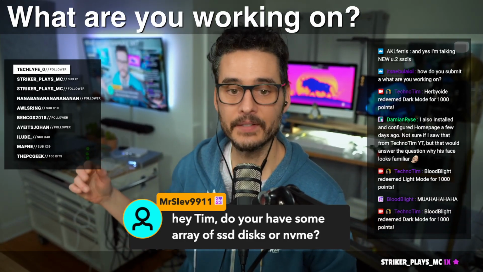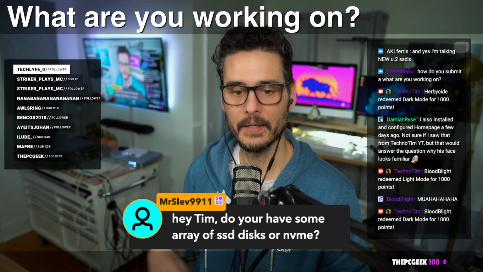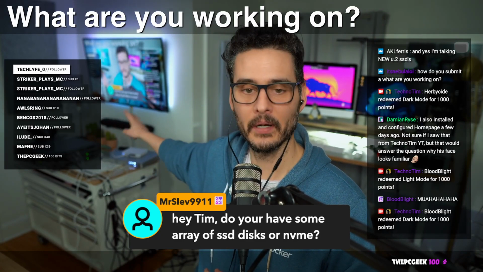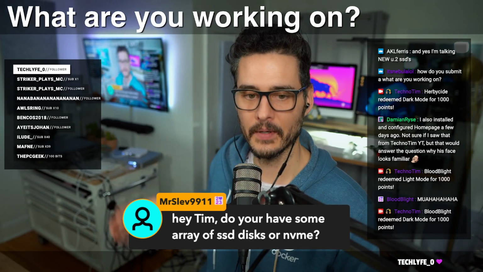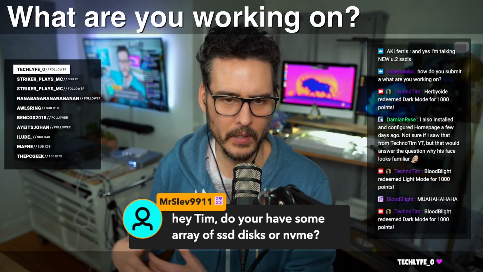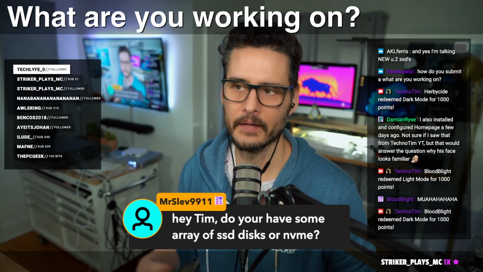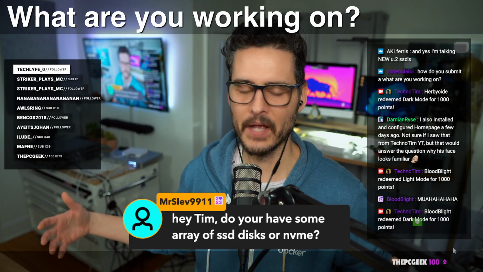And then I have lots of SSD arrays too, so SSD disks, not NVMe. Back there I have 2 mirrored pairs, so 4 in each one of those servers. But am I using it for cold storage, bulk storage, anything like that? No. I've always used spinning disks for my bulk storage, typical NAS share stuff.